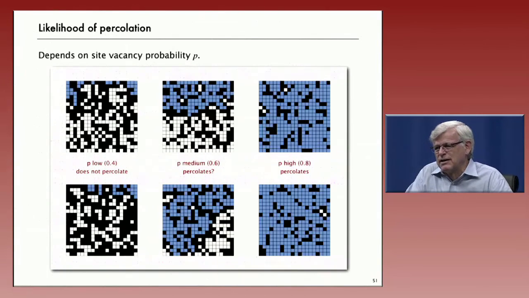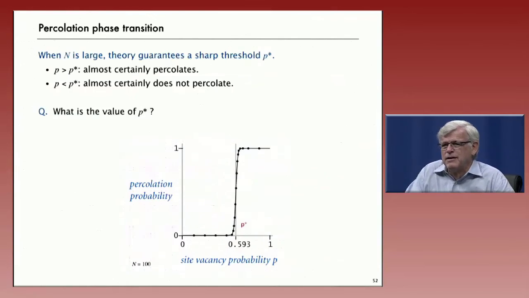There'll be lots of ways to get from the top to the bottom. But in the middle, when it's medium, it's questionable whether it percolates or not. So the scientific question, or the mathematical question from this model, is how do we know whether it's going to percolate or not? In this problem and in many similar problems, there's what's called a phase transition, which says that when it's low, it's not going to percolate. When it's high, it is going to percolate.